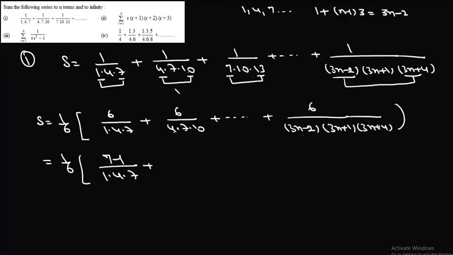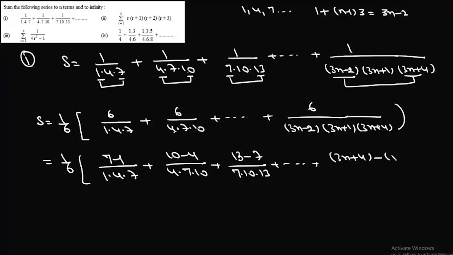Here we'll write this as 10 minus 4 upon 4 into 7 into 10. Here it is 13 minus 7 upon 7 into 10 into 13. And here it is (3n plus 4) minus (3n minus 2) upon (3n minus 2)(3n plus 1)(3n plus 4). And what we'll do is we'll split these terms.